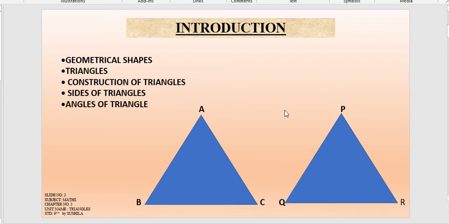For making a triangle, we should know the construction of the triangle, that is the sides of the triangle and the angles of the triangle. There are certain other geometrical shapes also. To say whether two geometrical shapes or figures are the same, you cannot say it by their picture itself, by just looking at them.